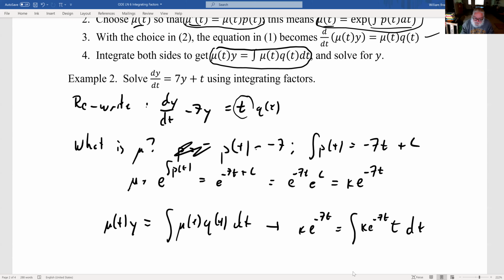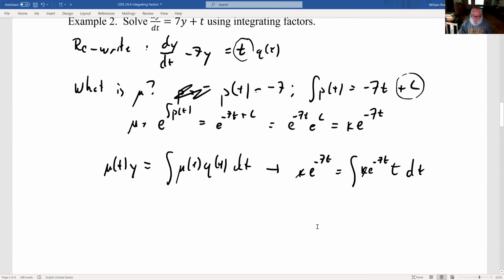Since this k can be factored out of the integral, I can cancel it, so I don't actually need to include the constant when I calculate mu, which is convenient. I forgot to write in the y. Great, so I just have to do this integral.